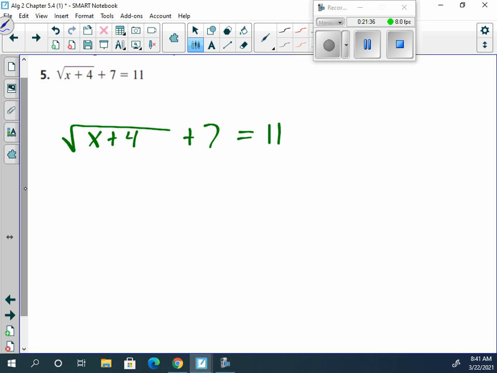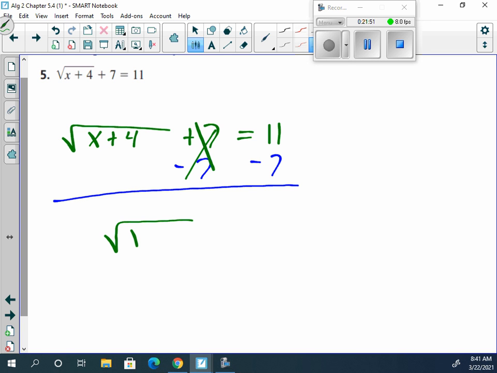The first main step is we do need to get the radical by itself, so we would subtract 7 from both sides. These would cancel, leaving us with the square root of x plus 4 is equal to 4.